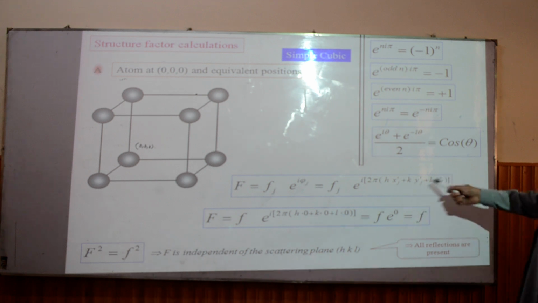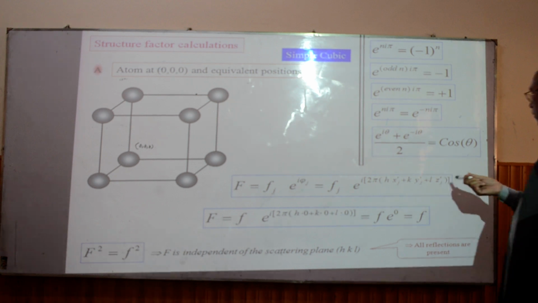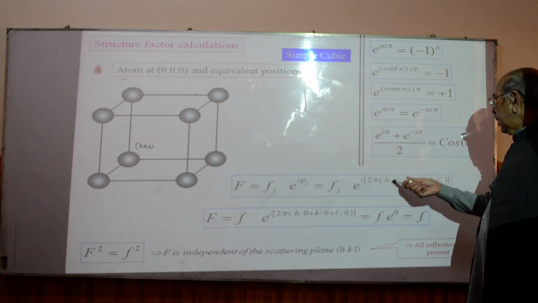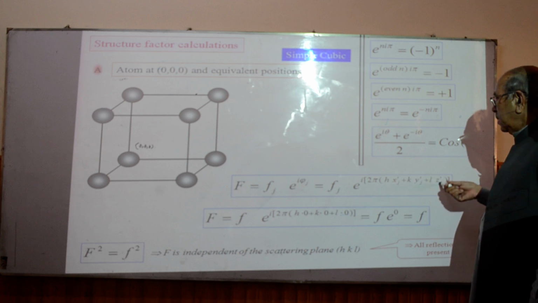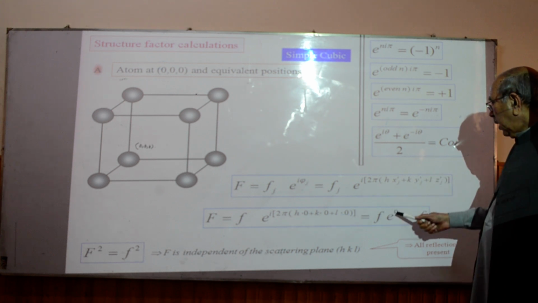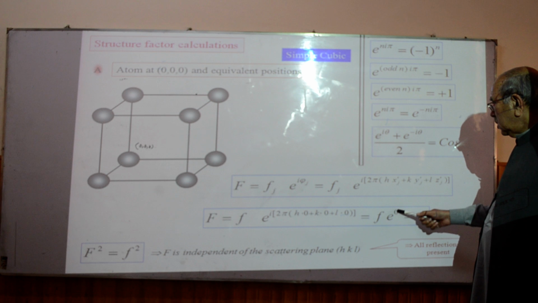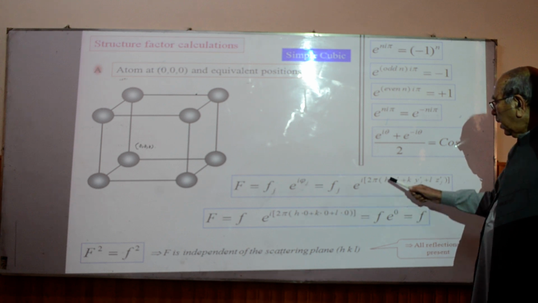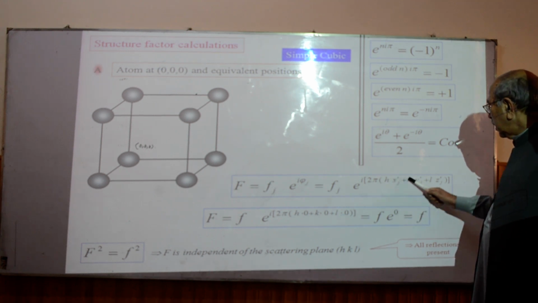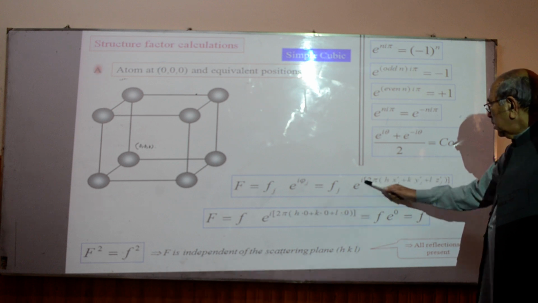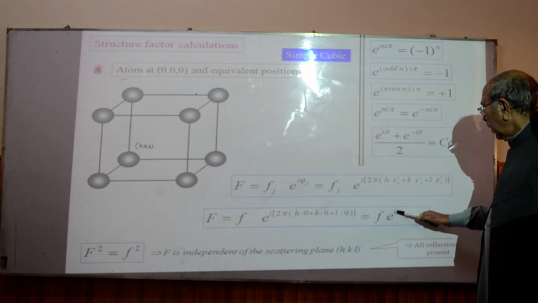Okay? Now you can see from this equation, whatever the values of x, y and z, this term will always be e raised to the power 0. For any value of h, k and l, this term will always come as 0.